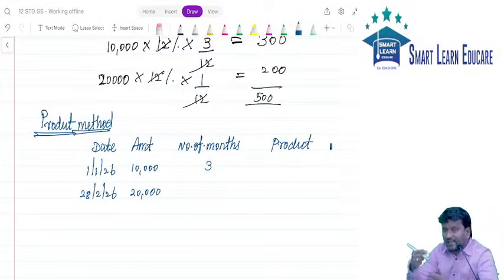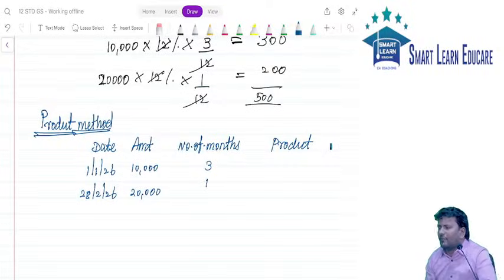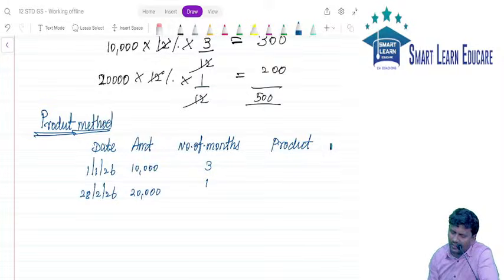The second drawings? 20,000. For the first drawings we should calculate interest for 3 months. For the second drawings, we should calculate interest for 1 month.